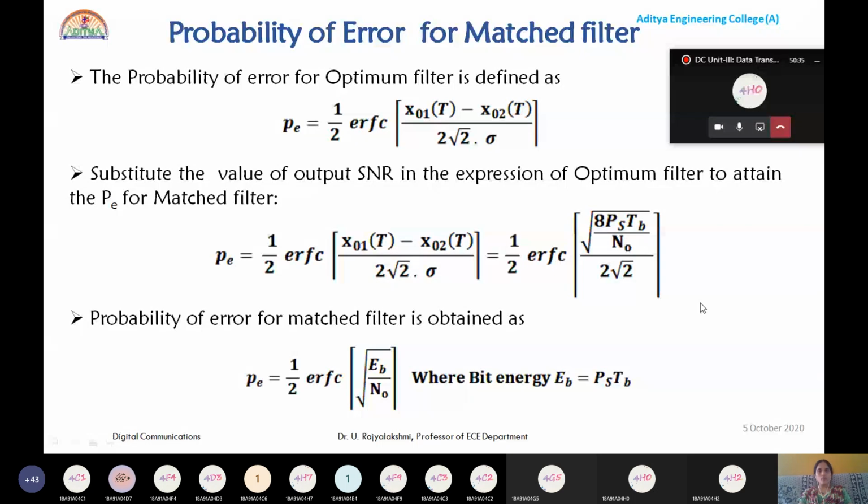So this is all about the probability of error as well as the transfer function for matched filter. The only thing here is we assumed the input Gaussian noise distribution as uniform, with magnitude N naught by 2.